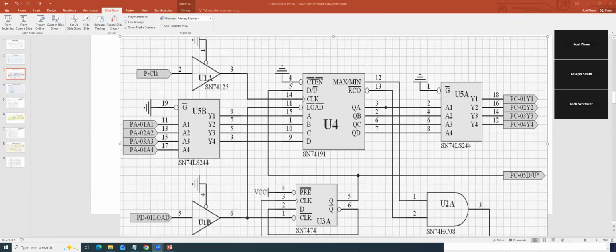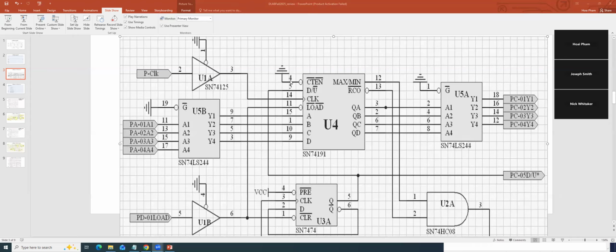So if you apply pin load 11, 0, then the output U4, QA, QB, QC, QD equal A, B, C, D. And that output goes to U5, U44.